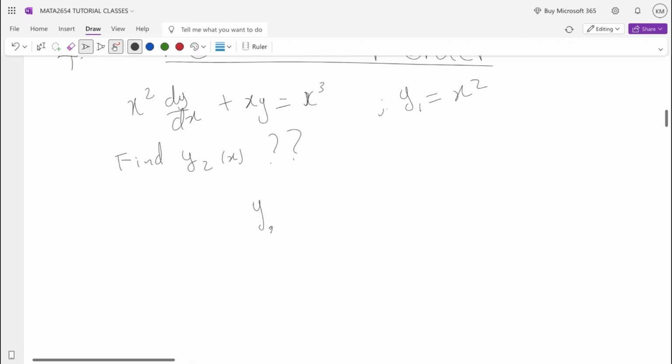It says y2 of x is equal to y1 of x multiplied by the integral of e to the power minus integral of p of x dx, divided by y1 of x squared, dx.